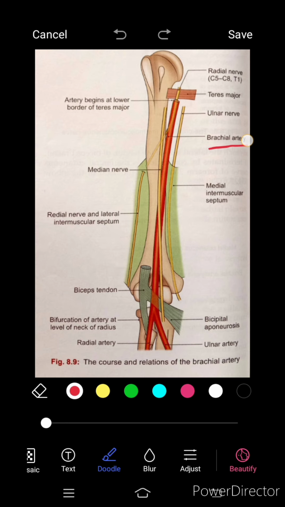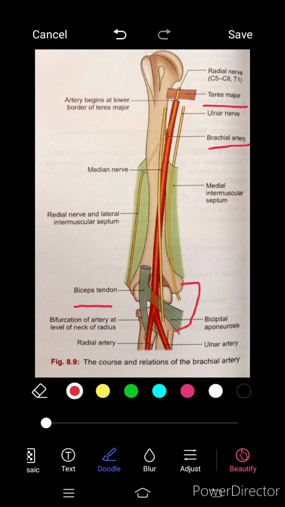Now let's see the course and relations of the brachial artery. So the brachial artery is the continuation of the axillary artery. It extends from the lower border of teres major muscle to a point in front of the elbow, just medial to the tendon of biceps brachii.